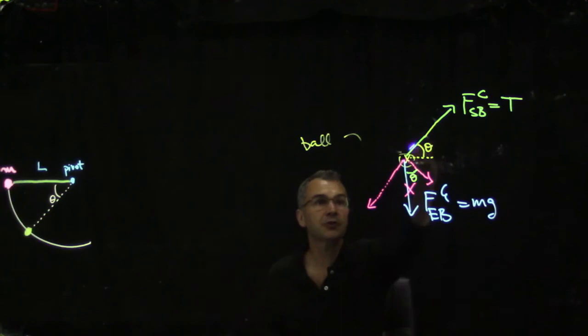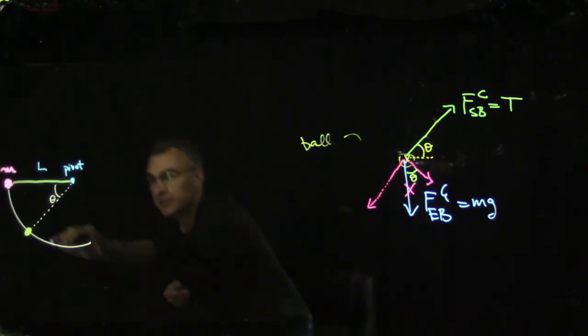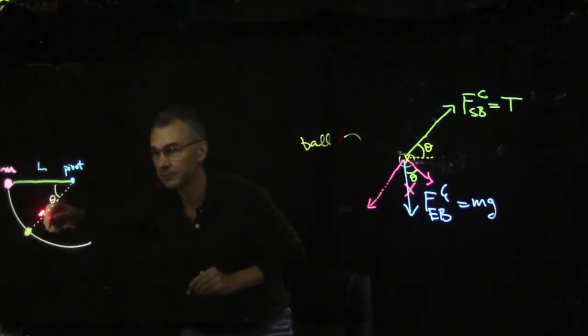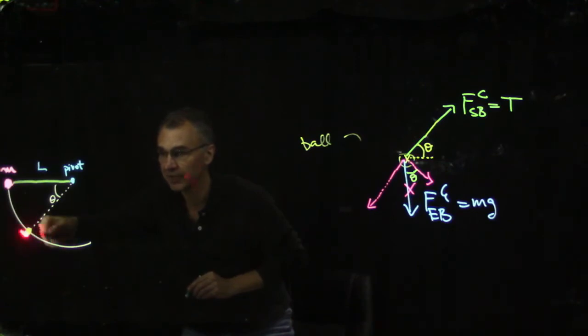We want to decompose the gravity vector so that we have one component that is centripetal and another component that is tangential. So here's gravity. We actually want one component that is centripetal, or actually centrifugal, the opposite of centripetal, and then another component which is tangential.